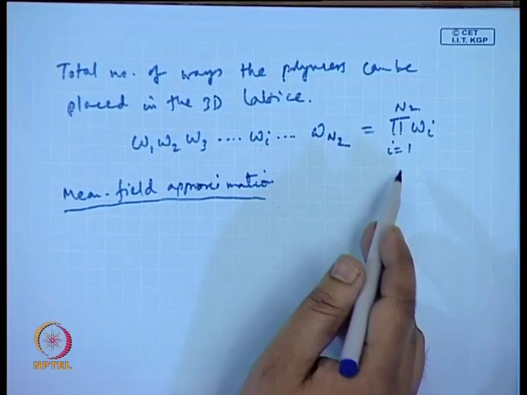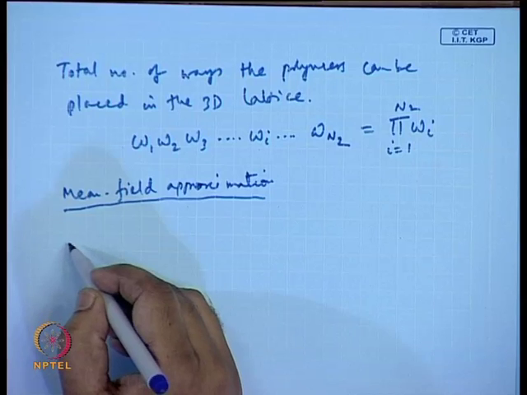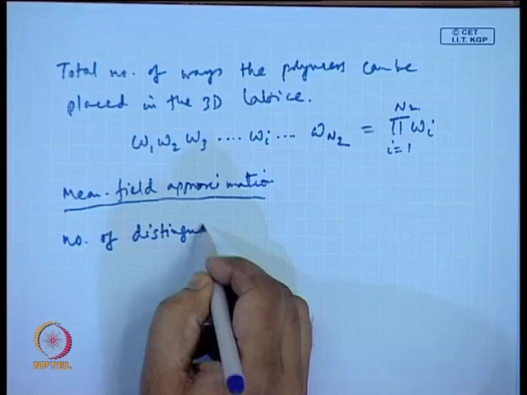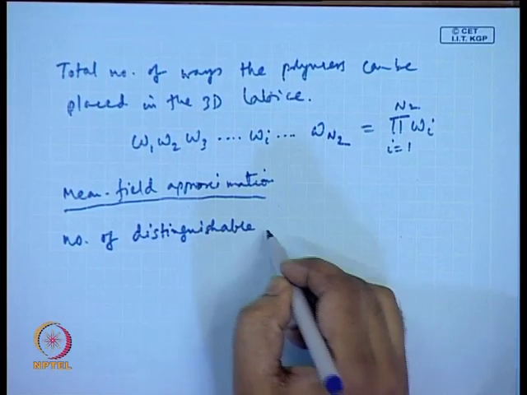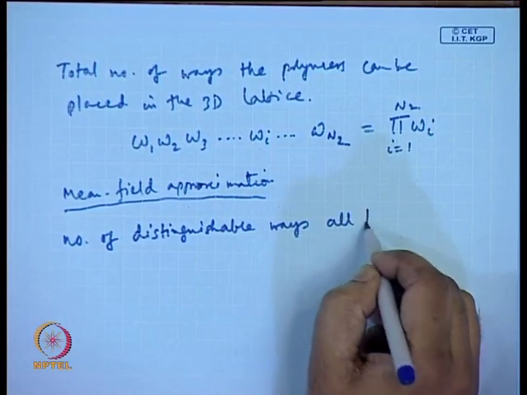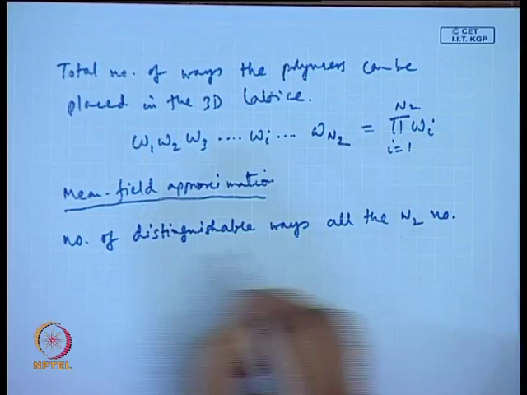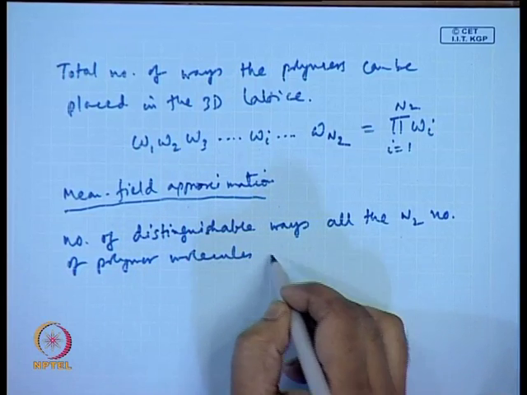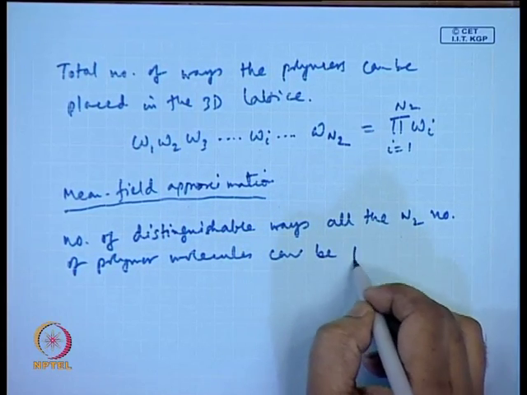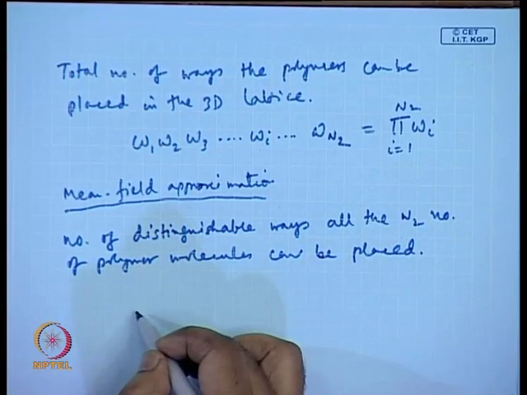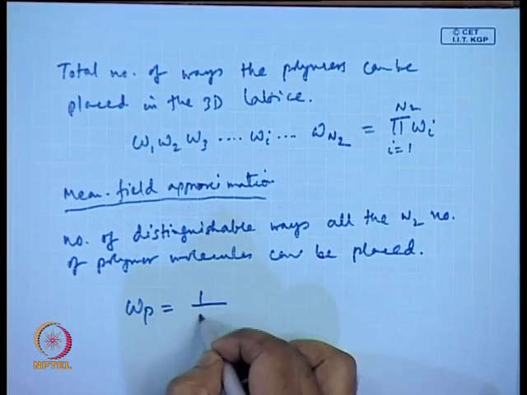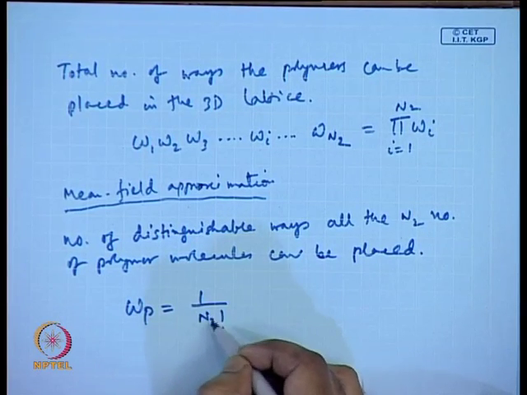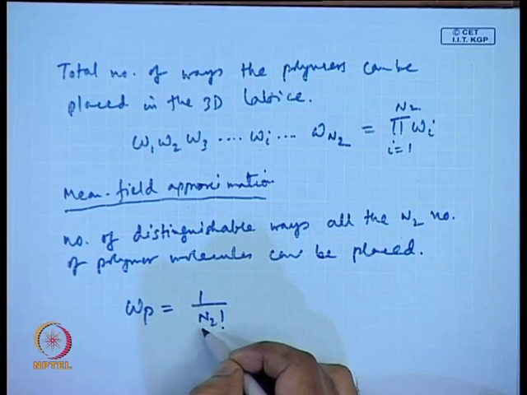So, we can find the number of distinguishable ways all the N2 polymer molecules can be placed, W P would be, because again, like the ideal solution, the arrangements between single polymer chains are identical.